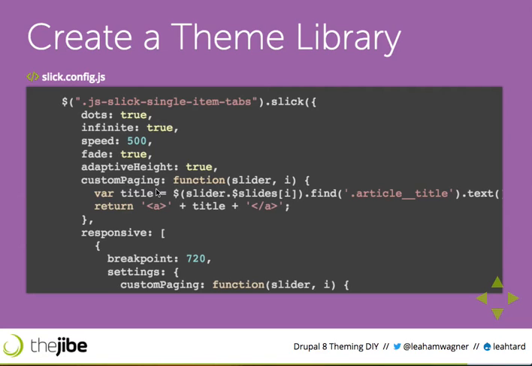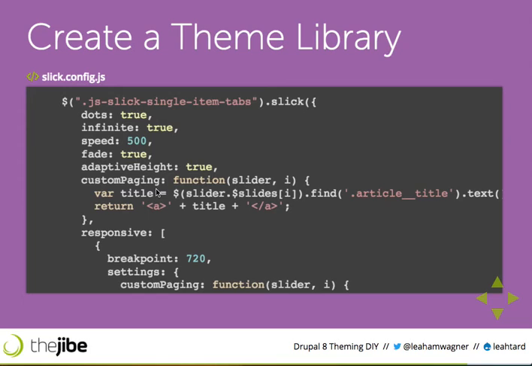So the thing we're doing here is defining custom paging. We get to attach a function to that custom paging variable option, I'm not sure what to call it, and that function is actually aware of what content is in each slide.